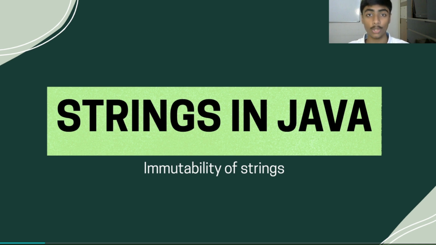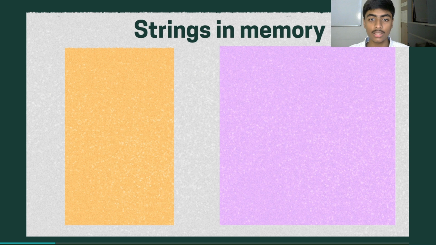Now, the first thing you need to understand is how different data types, primitive and non-primitive, are stored in memory. In Java, the memory is divided into two different types. The orange column is often called the stack memory, and the purple column is called the heap memory. Now, you don't have to know the names, so I didn't really write the names. All you need to know is that there are two types of memory.